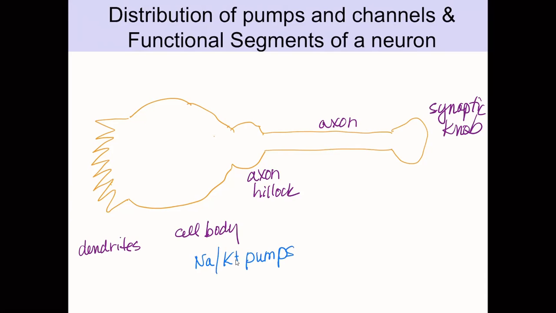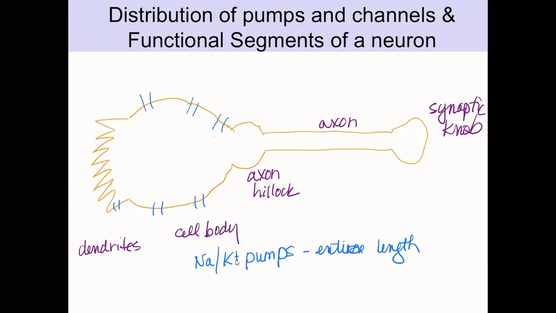Sodium potassium pumps are going to be all over the cell body, all over the dendrites. They're everywhere. They're the entire length of the neuron.